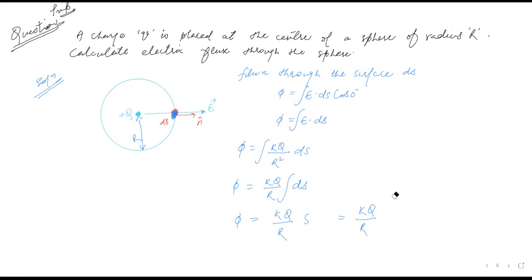I am going to write the value of k in detail: 1 over 4 pi epsilon naught, q over r square, and the value of S is 4 pi r square. The 4 pi r square cancels, and finally you get phi is equal to q over epsilon naught. This is the amount of flux passing through this area S.